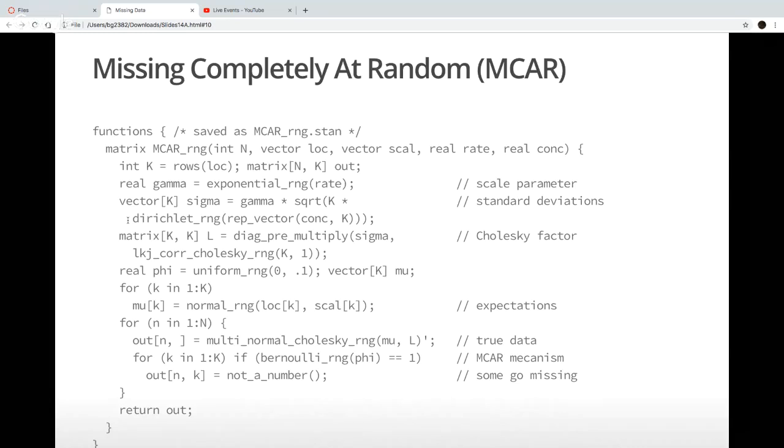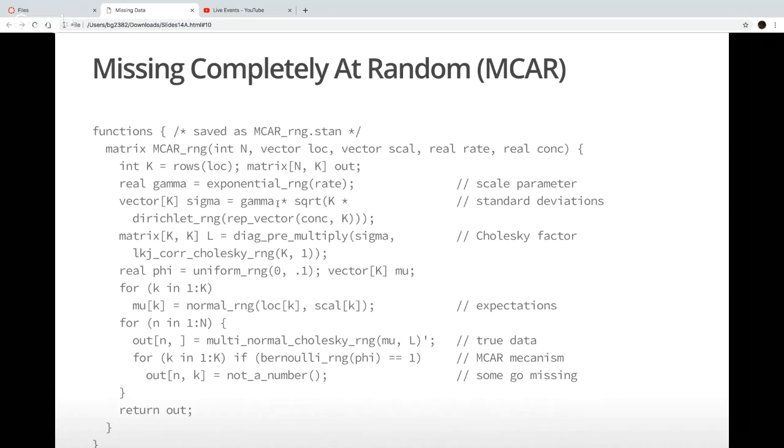We're going to scale that up by k, which is the number of variables under consideration. And then the square root of that is going to be proportional to our prior standard deviations. But we scale that up by gamma so that we have this overall parameter gamma governing how much or how little variability there is in all k variables.